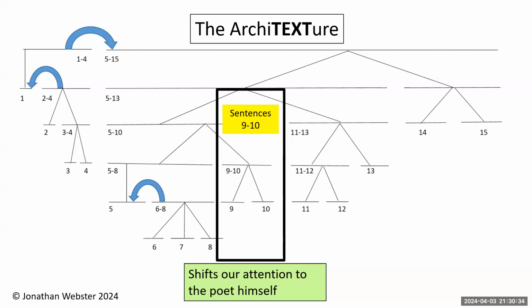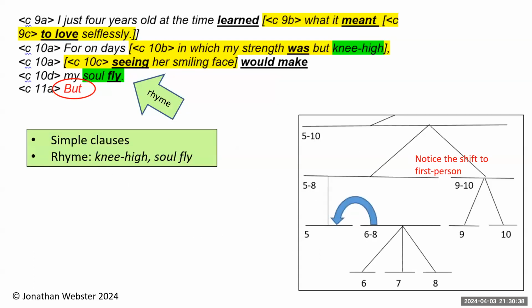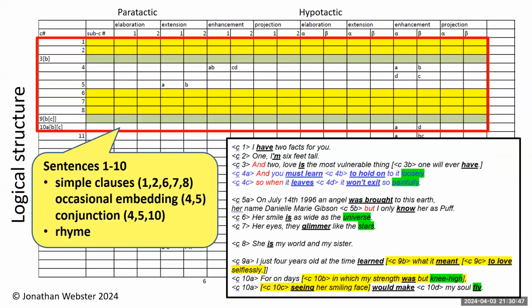But then he shifts his attention to himself. Simple clauses, rhyme, still there, yes, but then we get but. And right away it shifts, and we notice that again, there are occasional embedding, there's conjunction.